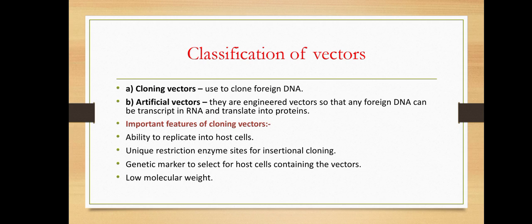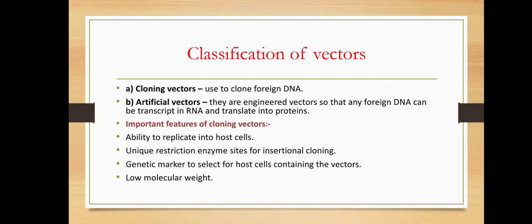Next, classification of vectors. Cloning vectors are used to clone foreign DNA. Artificial vectors are generated so that any foreign DNA can be transferred, transcribed into RNA and translated into proteins.